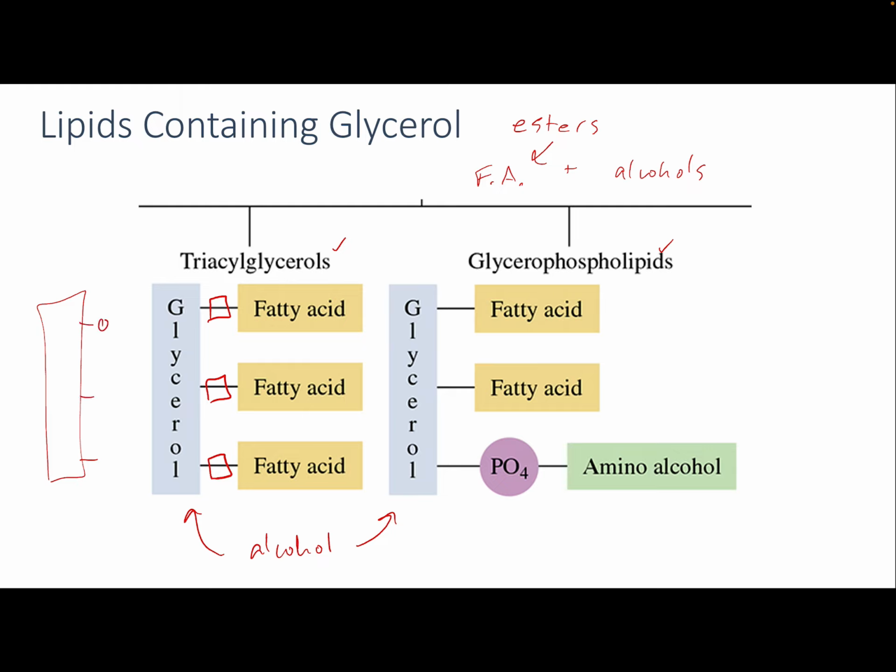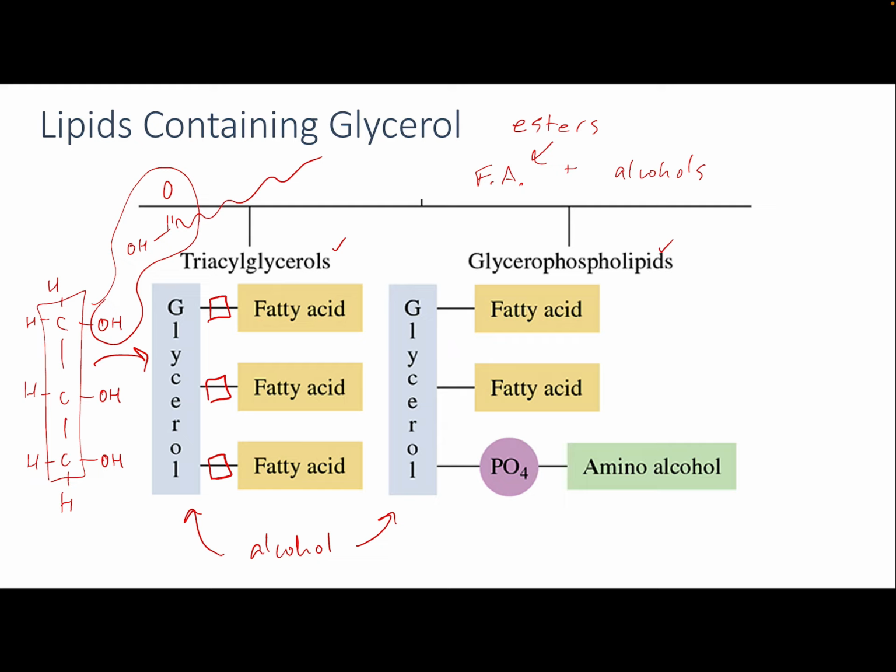If this is glycerol, it's actually a triol. Glycerol has this structure. So this guy. And so what we see here is the fatty acid part and the alcohol part react together to give that bond. And we'll go over this a little more down the road.